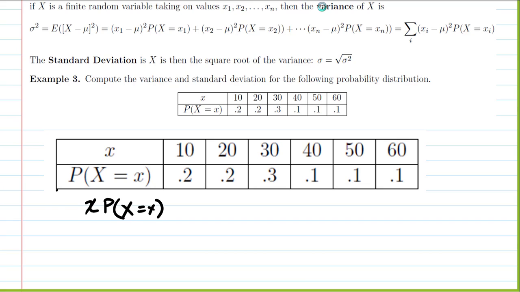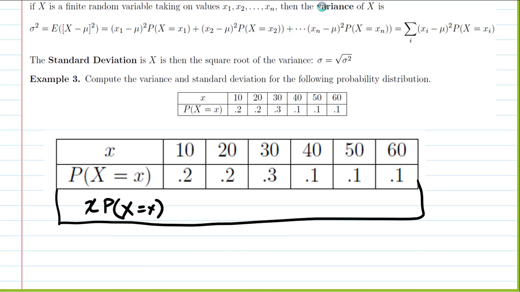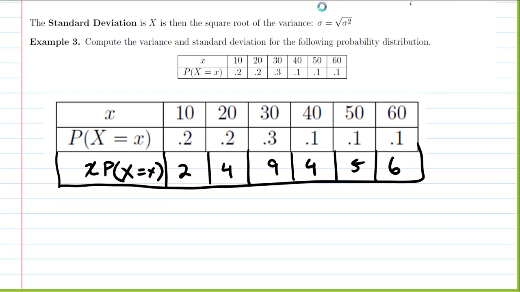When we do this, we multiply them together. 10 times 0.2 gives us 2. 20 times 0.2 gives us 4. 0.3 times 30 gives us 9. 40 times 0.1 is 4. And 50 times 0.1 is 5. And 60 times 0.1 is 6.